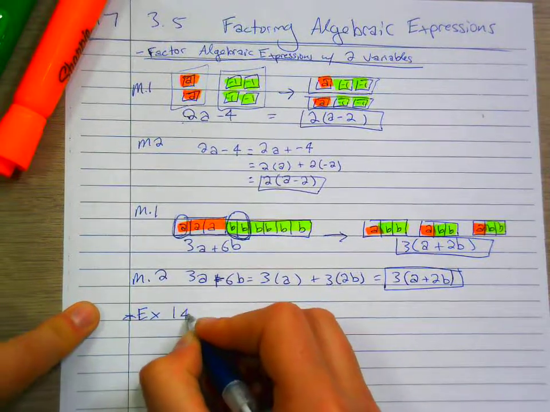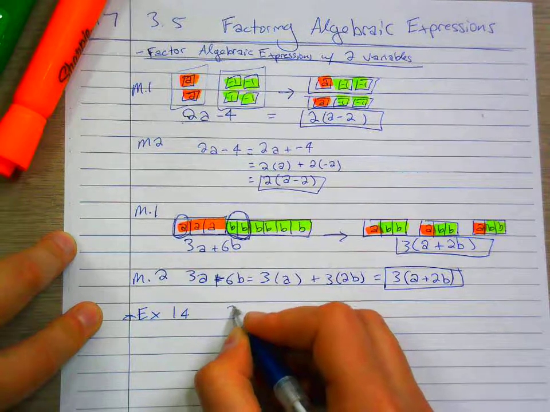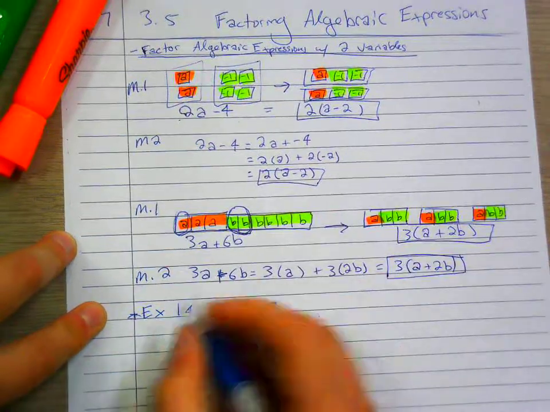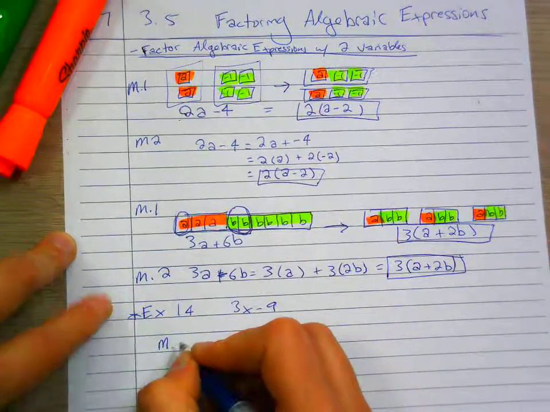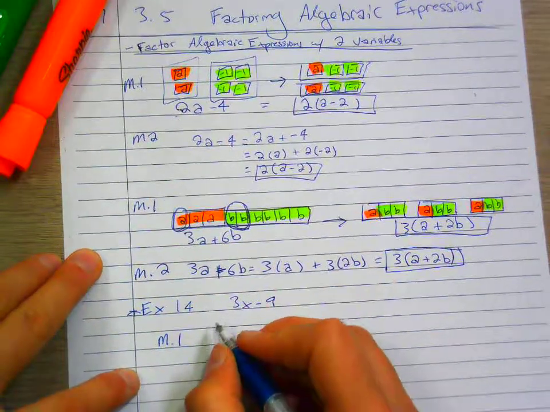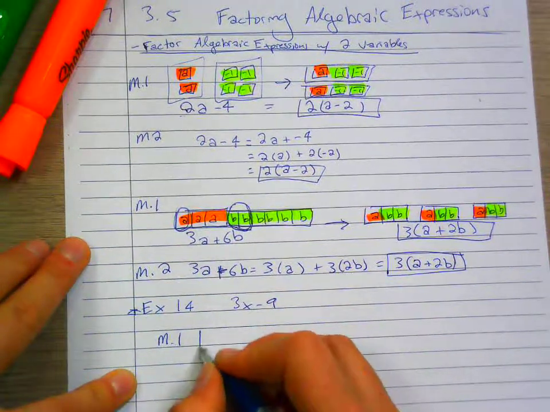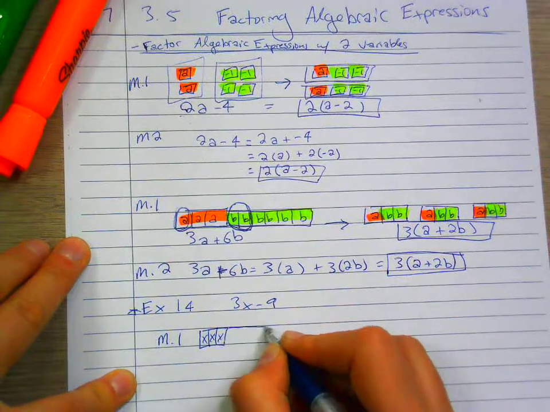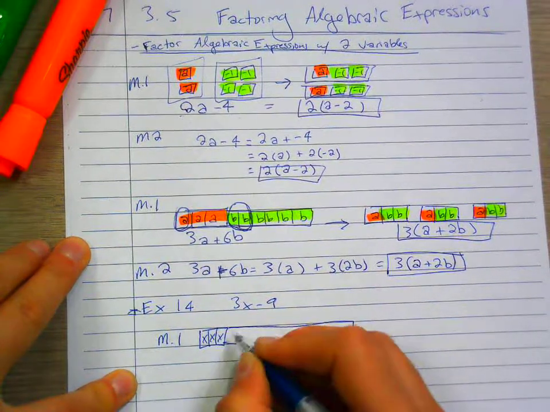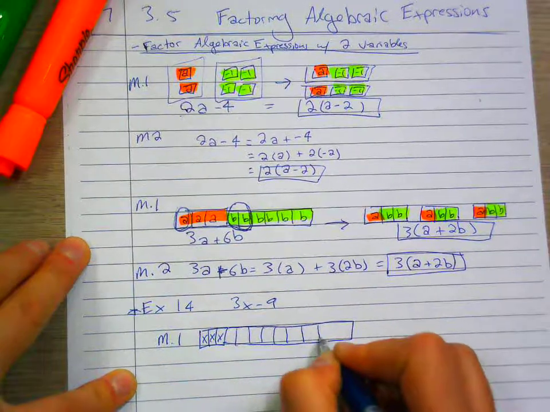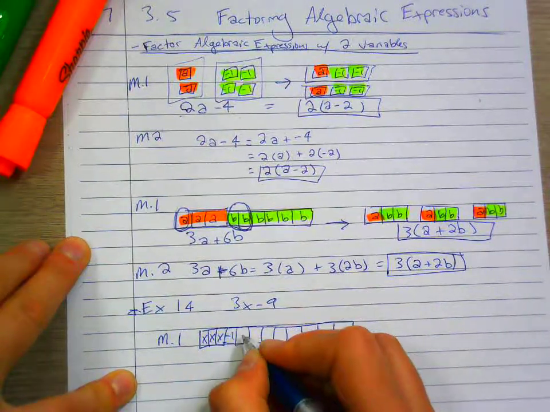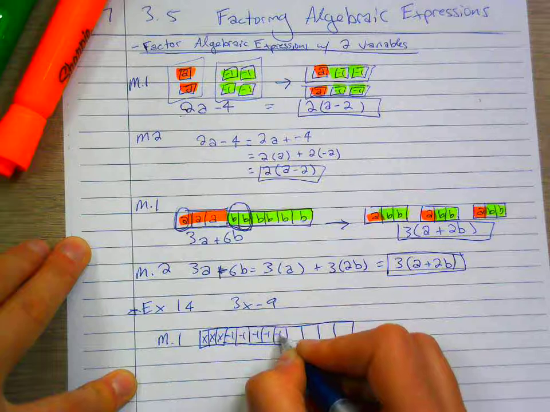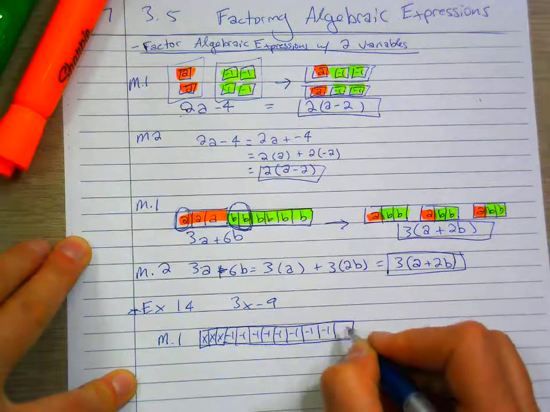Try this with an example. Example 14, factor the expression 3x minus 9. You can do it with whichever method works better for you, but here's method 1. So we have x, and then we have a lot of negative 9s. So 1, 2, 3, 4, 5, 6, 7, 8, 9.